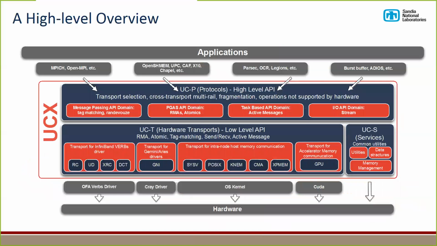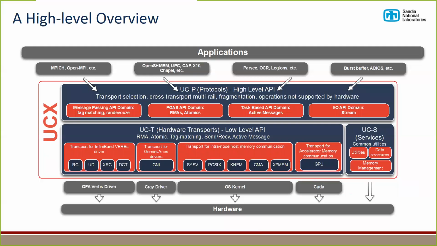This is a high-level overview of the library, which essentially consists of three main libraries. On the top level, there's a library that we call protocols, which implements a relatively high-level API for network communication. It's relatively easy to use. It has a set of APIs for the message passing interface.